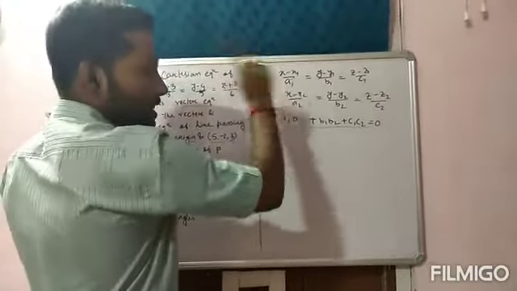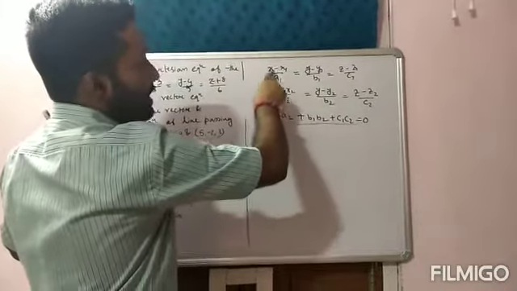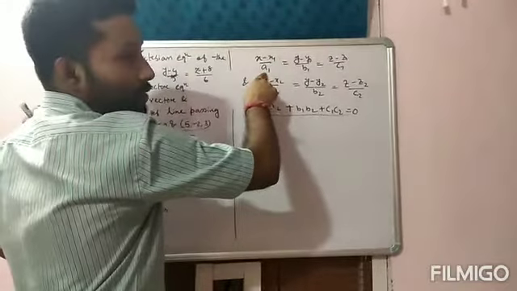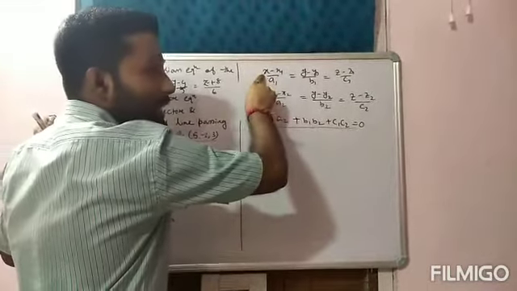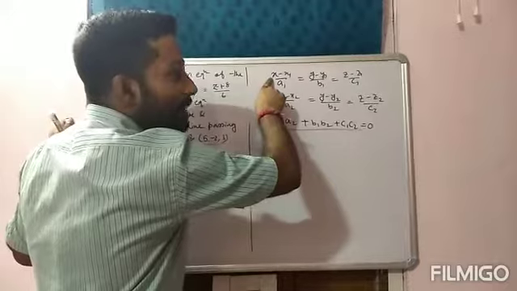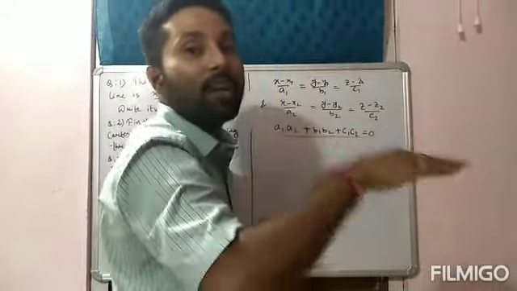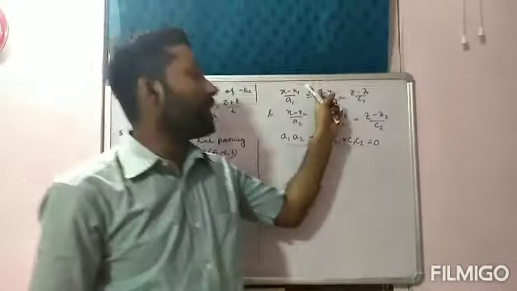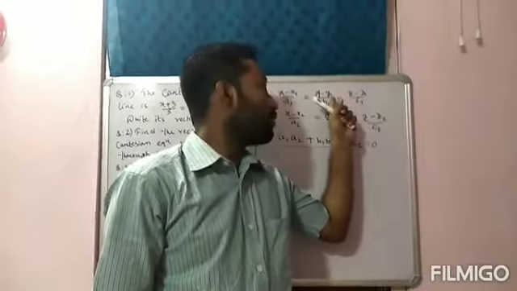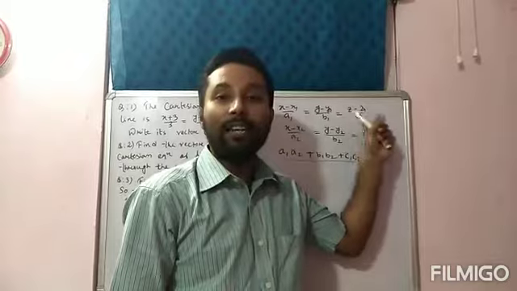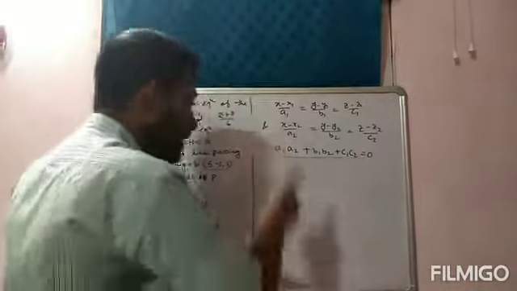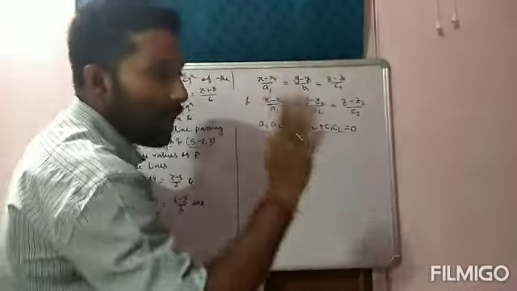Because in the first equation, you can check, it should be x minus x1 by a1. First there should be x, that means the unknown variable minus a known variable. x is the unknown variable, x1 is the known variable, y is the unknown variable, y1 is the known variable, z is the unknown variable, z1 is the known variable. So what should always come first? The unknown variable.